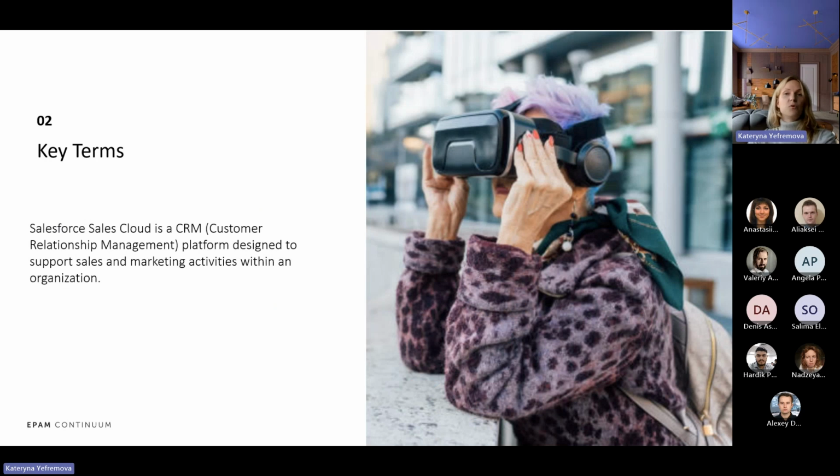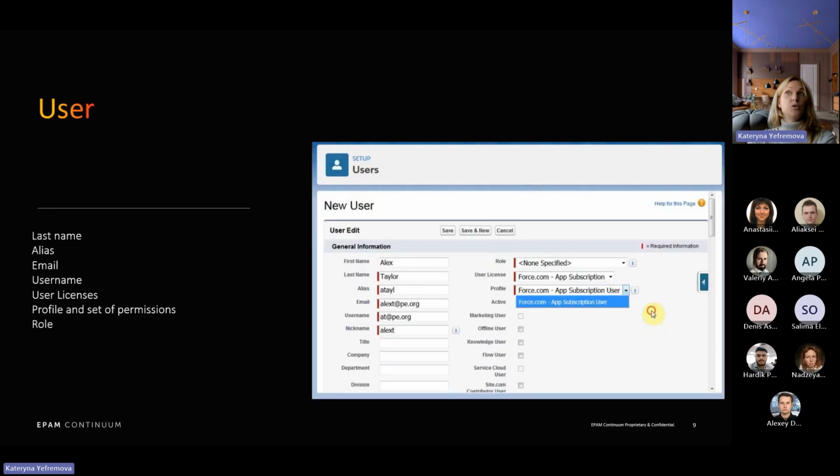As I promised, we will talk a lot about key terms of Salesforce Sales Cloud. Probably the very first is the user. You know that each user story starts with the phrase, as a user, I want to.